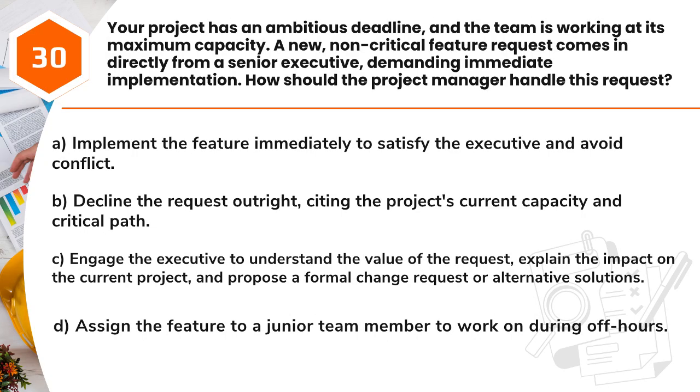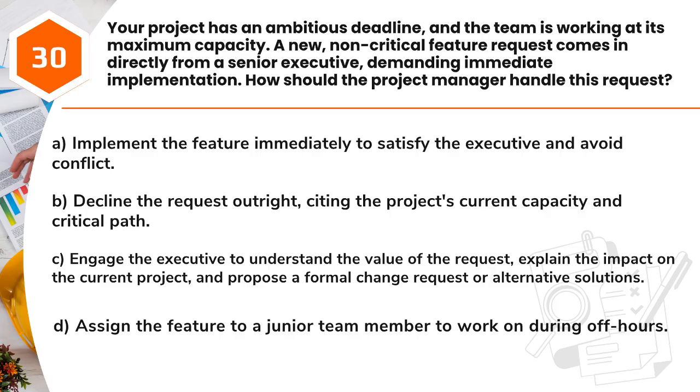Question 30. Your project has an ambitious deadline, and the team is working at its maximum capacity. A new, non-critical feature request comes in directly from a senior executive, demanding immediate implementation. How should the project manager handle this request? A. Implement the feature immediately to satisfy the executive and avoid conflict.